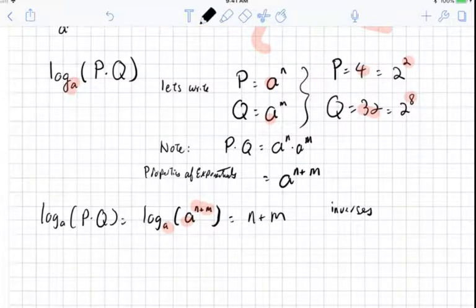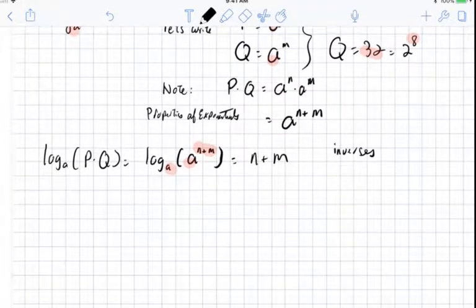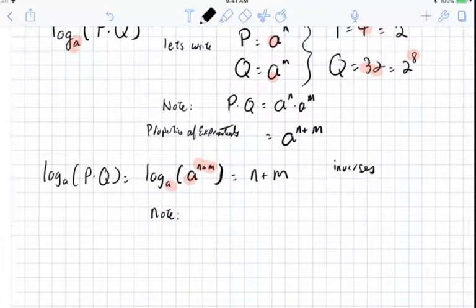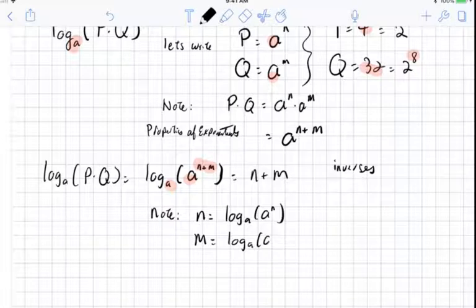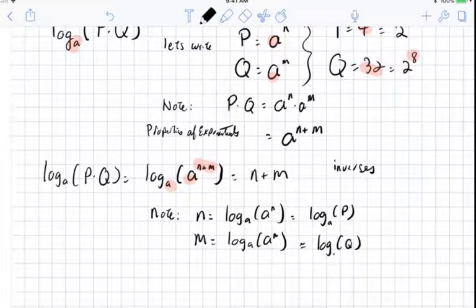And then you note something else. You note that the value of n is equal to log base a of a to the n. You note that m is equal to log base a of a to the m. In other words, log p and log q, right?